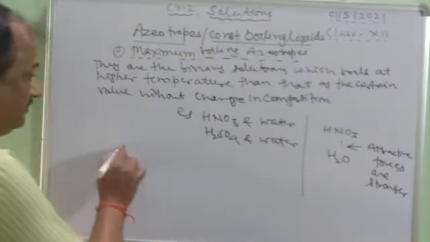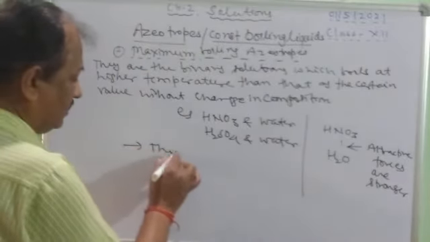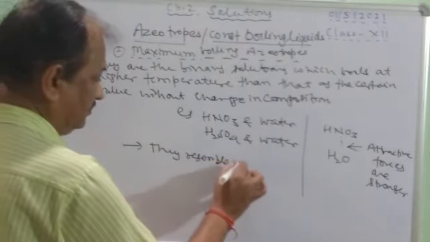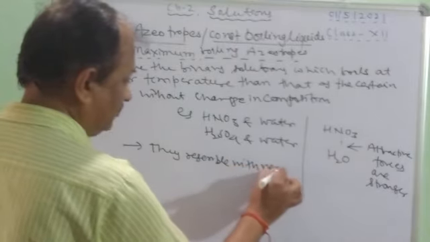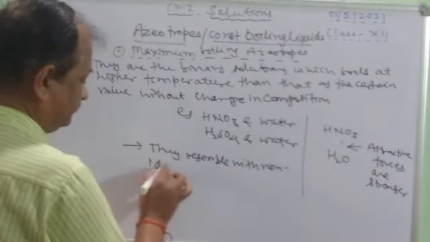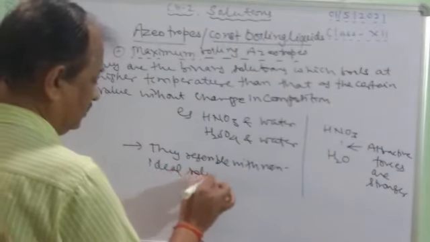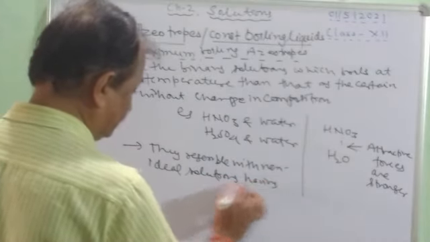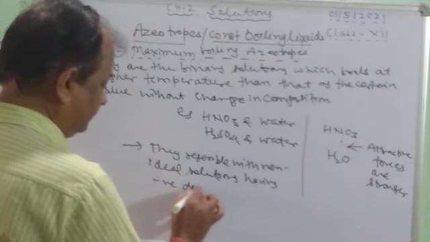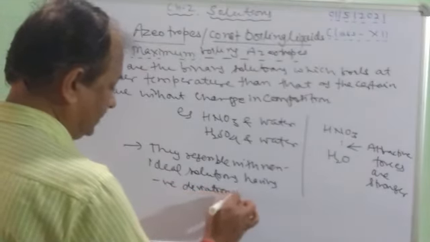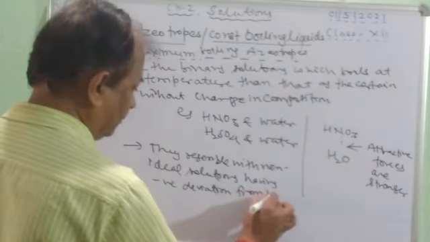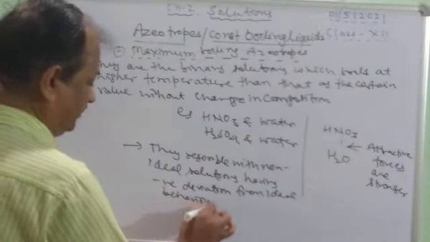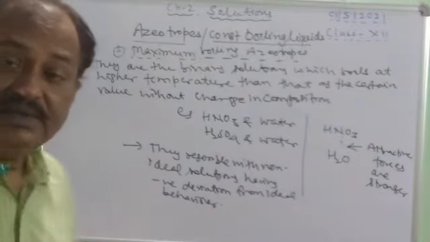So they resemble non-ideal solutions having negative deviation from ideal behavior.